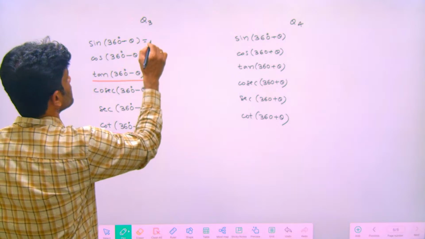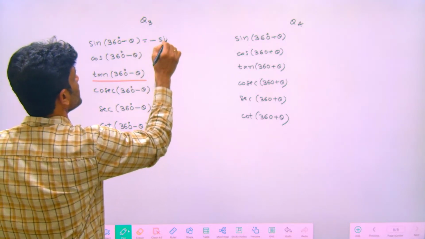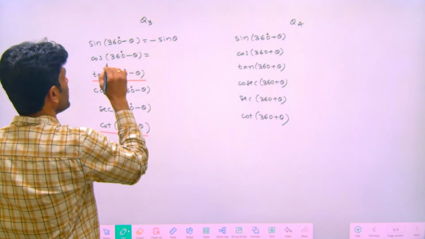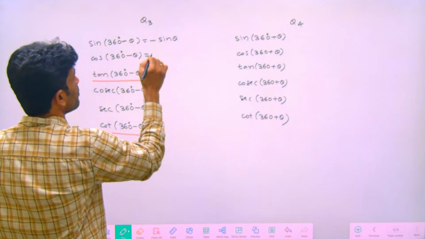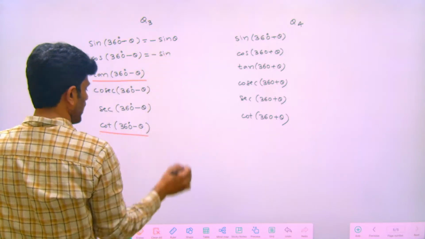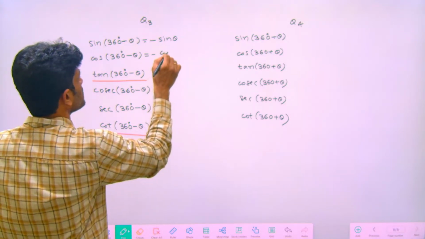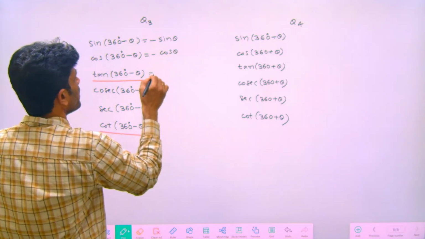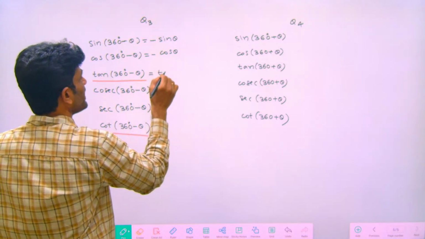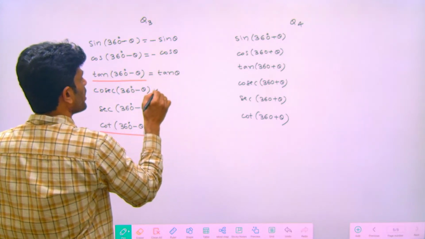So here, because it is an even number, minus sine theta. Again this is also negative, so minus sine theta. Minus cos theta, because the ratio will not change. But here it is plus tan theta, because it is positive in the third quadrant.